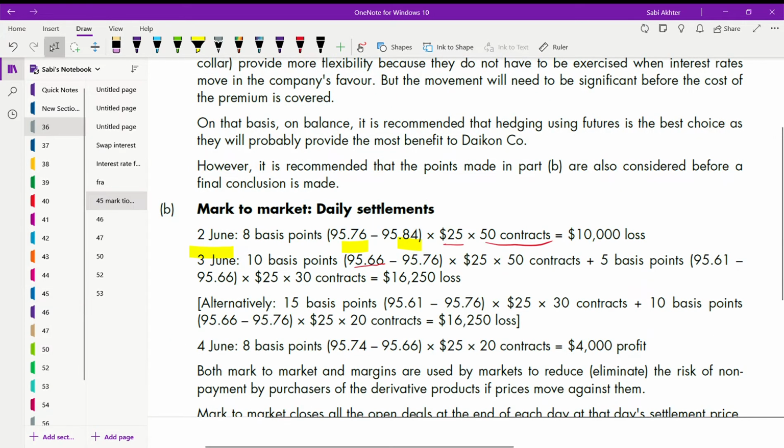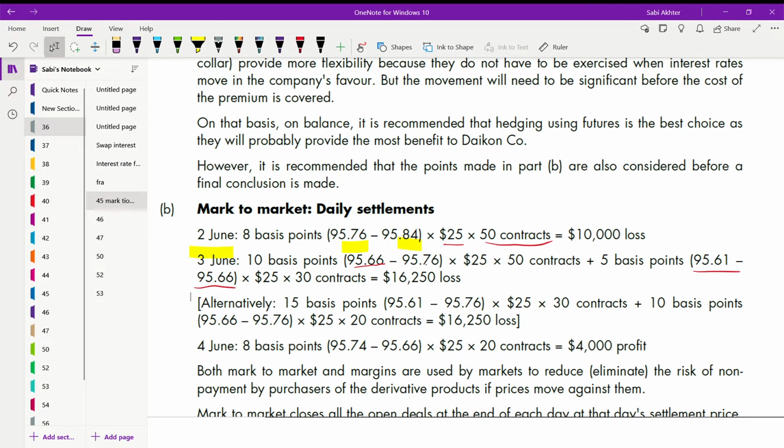So how are they dealing with it here? The 3rd day minus the 2nd day into 25 into 50 plus 5 basis points. How did they get 5 basis points? You are selling it for 95.61, but on the closing day you have 95.66. So that's why you are adding that.